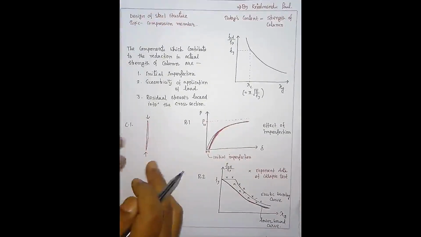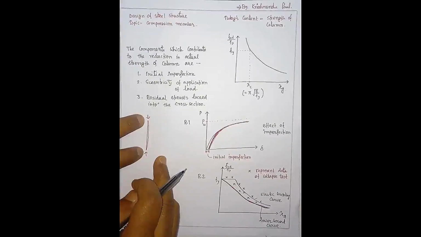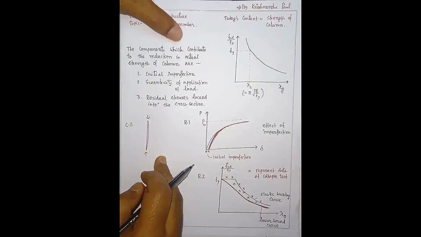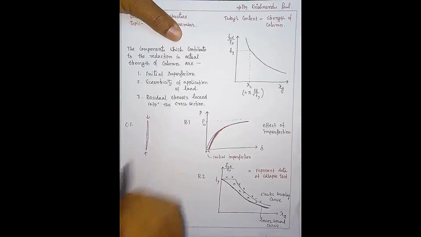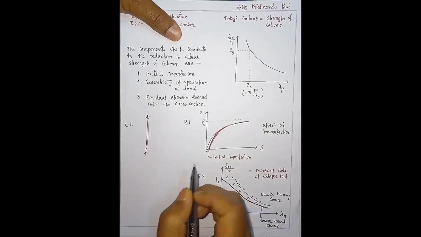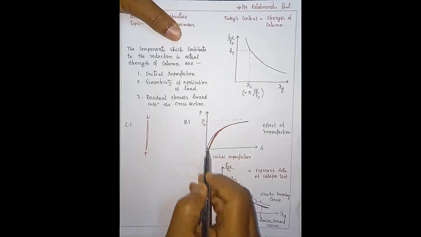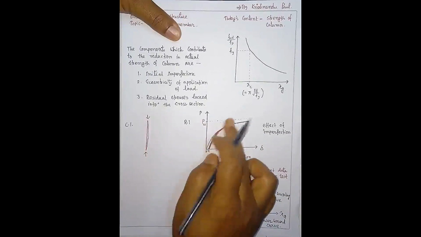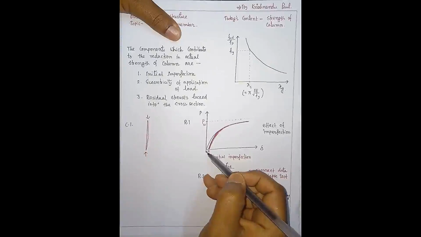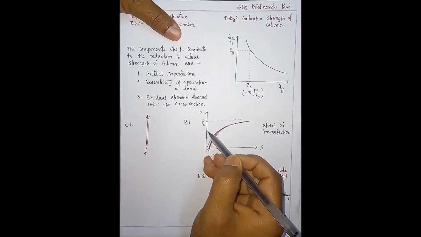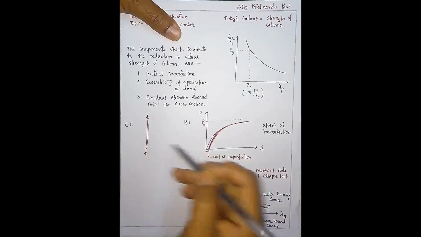If initially it was straight, the member would not be subjected to any bending moment. Suppose initially it is a straight member and we are increasing the load. This is a load deflection curve, so forget about this part. As we increase the load, there will be no deflection if it is initially straight.